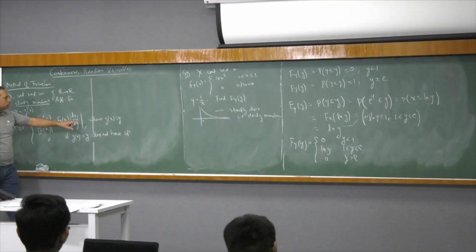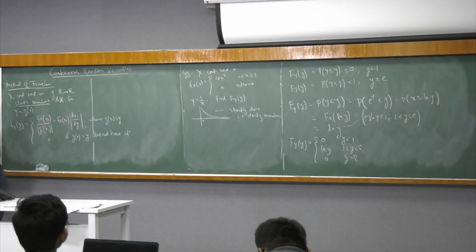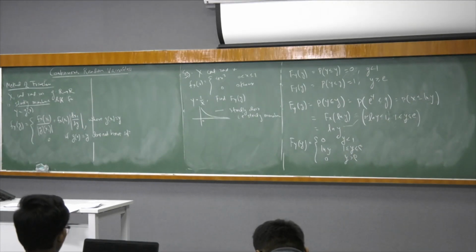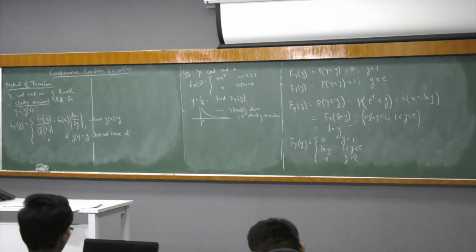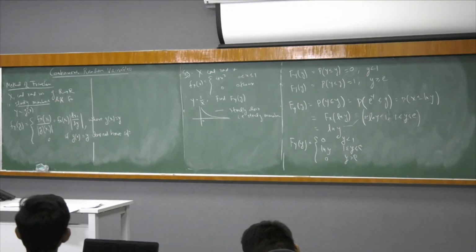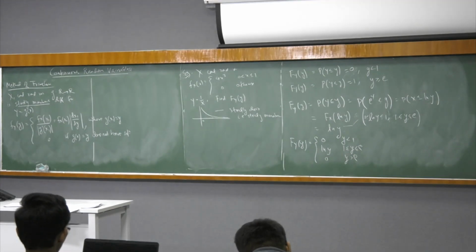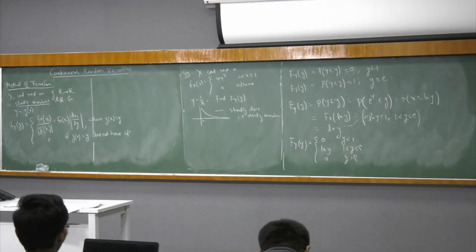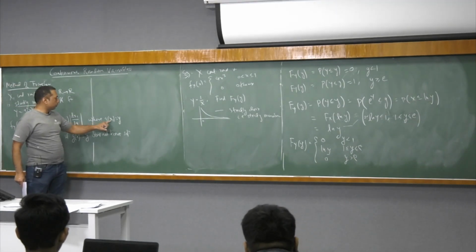But the x1s are those for which g of x1 becomes y. So we are supposed to find an x1 for which g of x1 is y. What is that x1? It is 1 over y.